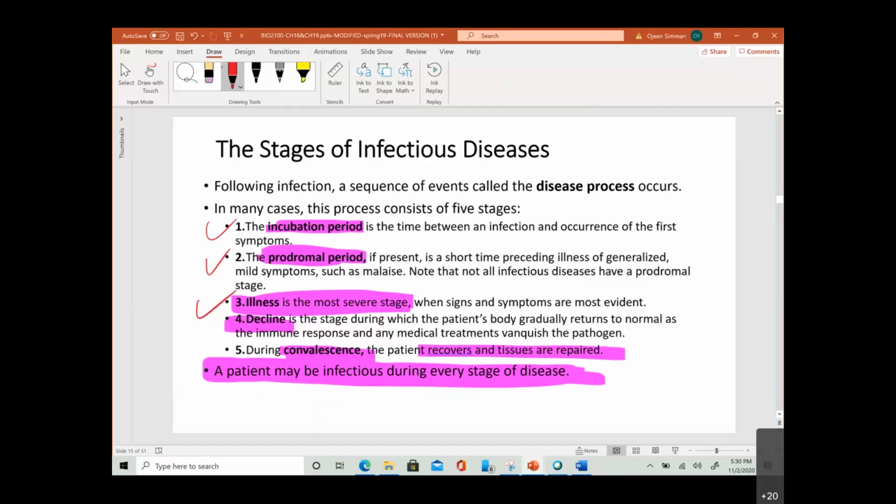Then this is followed by the decline stage. This is when the body starts to return to its physiological homeostasis as a result of either our immune system responding and or by taking antibiotics that start to kill the pathogen. And then finally, we have the convalescent stage, which is marked by tissue repair and physiological recovery.